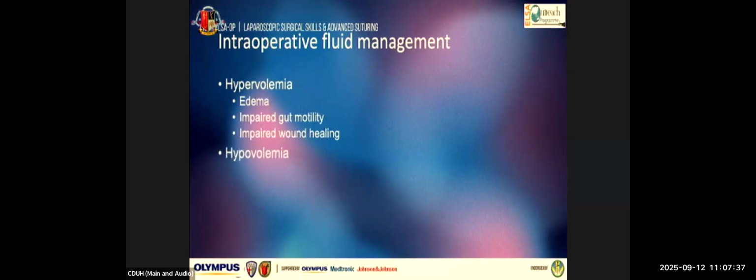Fluid management. They're very, very stringent in laparoscopic surgery. Hypervolemia can cause edema, impair gut motility, and prolonged ileus, and impaired wound healing. On the other hand, the opposite end, hypovolemia would result in worsening of hypotension with impaired organ perfusion, leading to organ dysfunction and lactic acidosis.